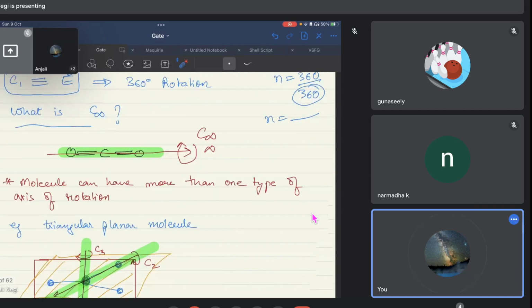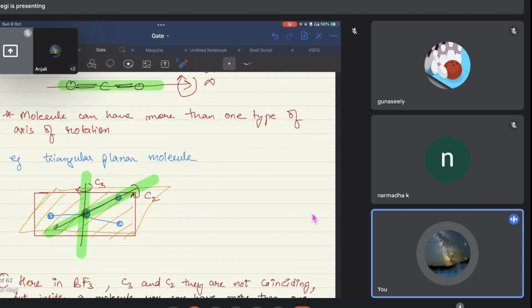Now the molecule can have more than one type of axis of rotation. It is clear that for any molecule where a rotational axis gives an indistinguishable structure, I can have not only one but more than one proper axis of rotation. For example, take this triangular planar molecule, BF3.